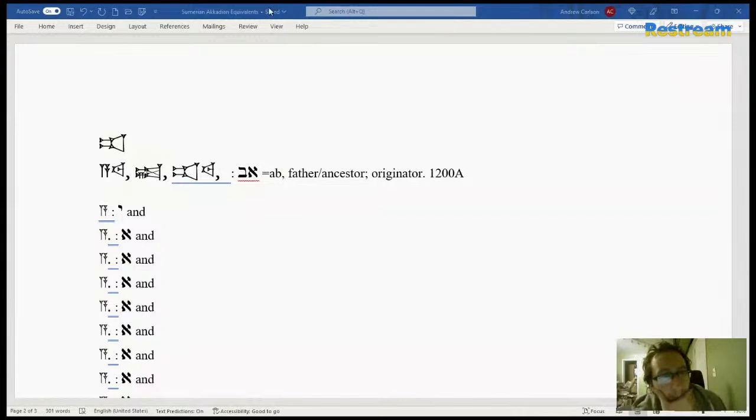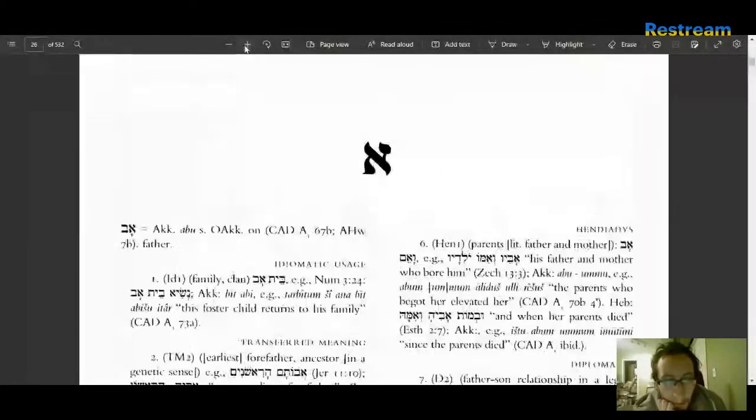So now let's go to that Akkadian book that I was reading through.